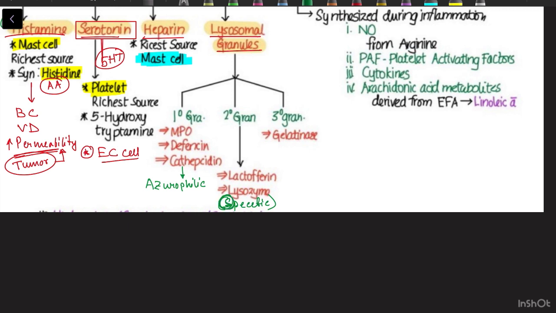And the tertiary granules are also known as C particles. So 3C, ABC, you can also remember it like that. So the primary granules are known as azurophilic granules, the secondary granules are known as specific granules, and the tertiary granules are known as C particles.